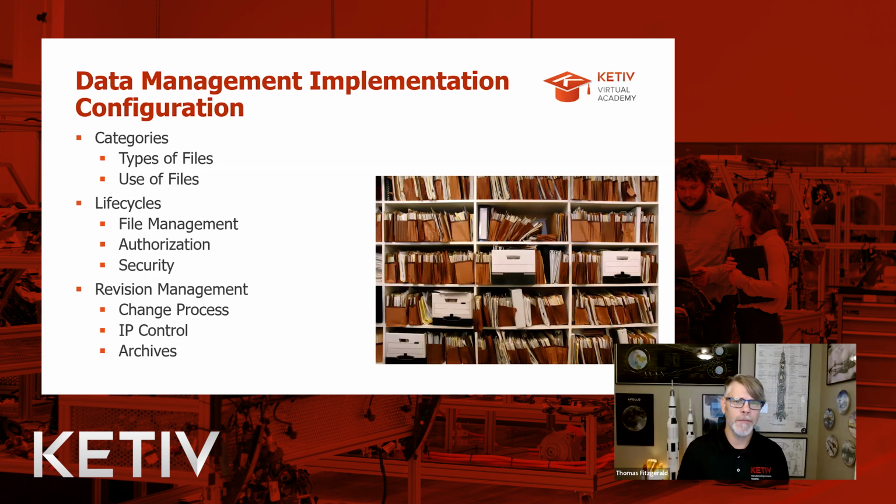Well, it's a feature and functionality within Vault, and I'm sure it's in other PDMs as well. But categorization allows us to organize files based upon their types and primarily how those files are being used. And ultimately, a file is nothing more than a container of information, right?